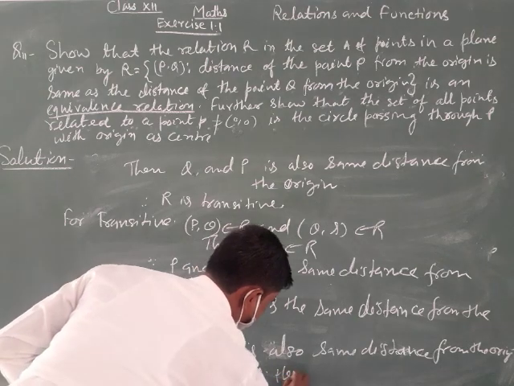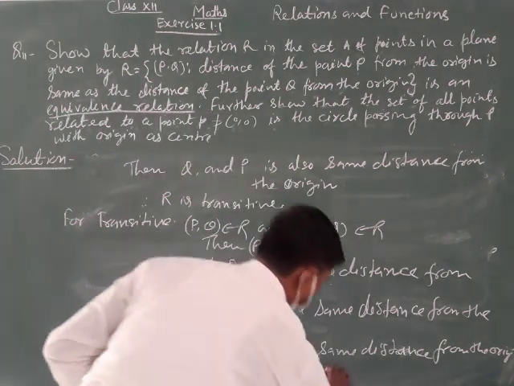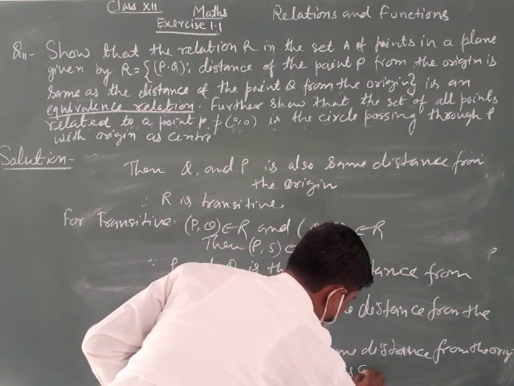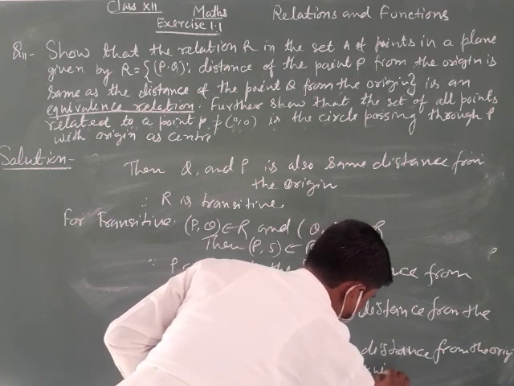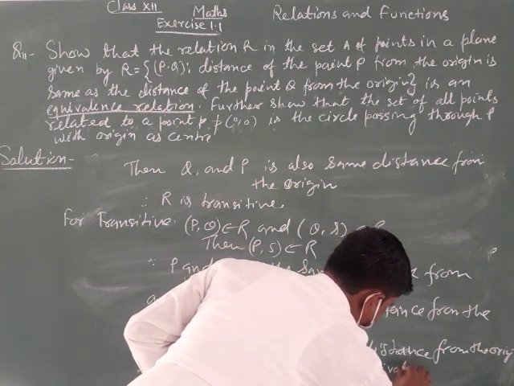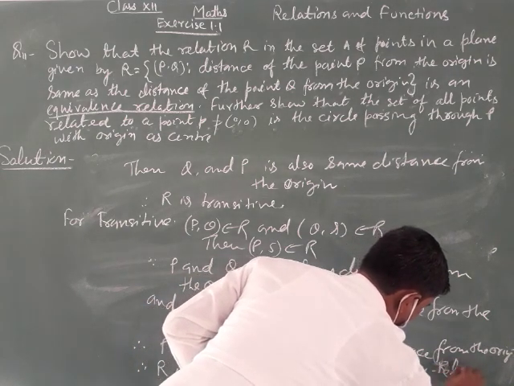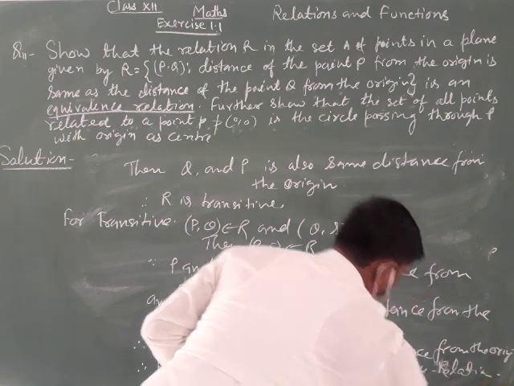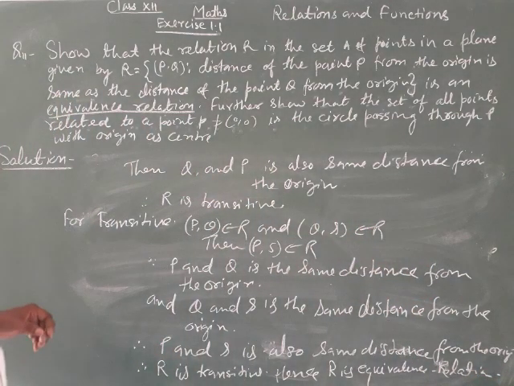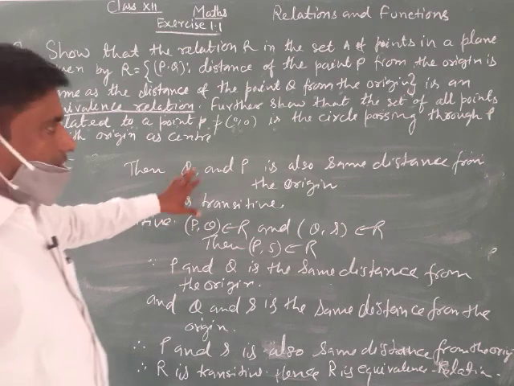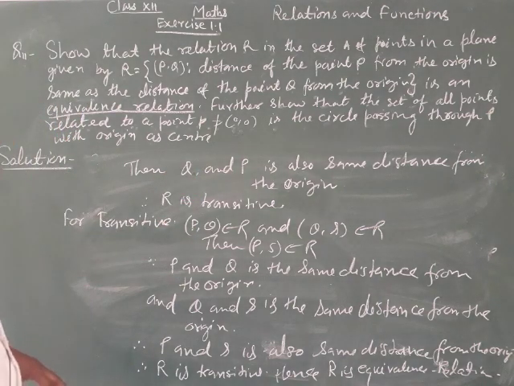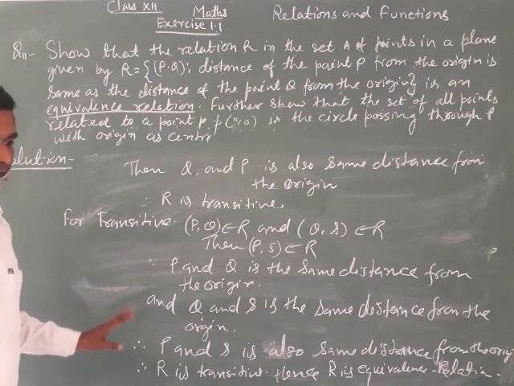Hence R is an equivalence relation, and therefore the set of all points related to a point P is the circle passing through the point P with the origin at the center. That's all.